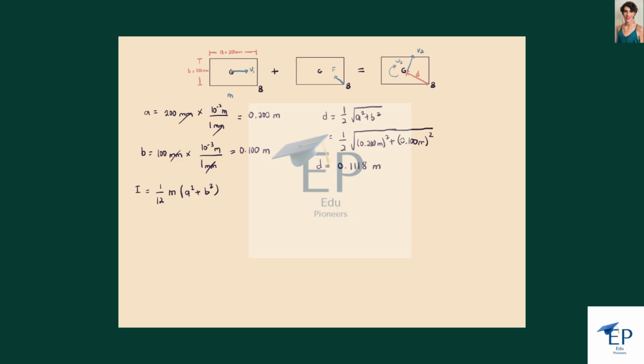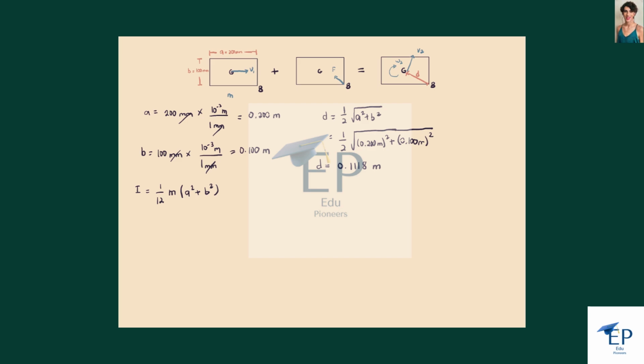There, those are our given values. Now, before the impact, the velocity of the block is v1. And since there's no rotation, omega 1 is equal to 0. After the impact, the block rotates about point B with an angular velocity omega 2 in the clockwise direction.